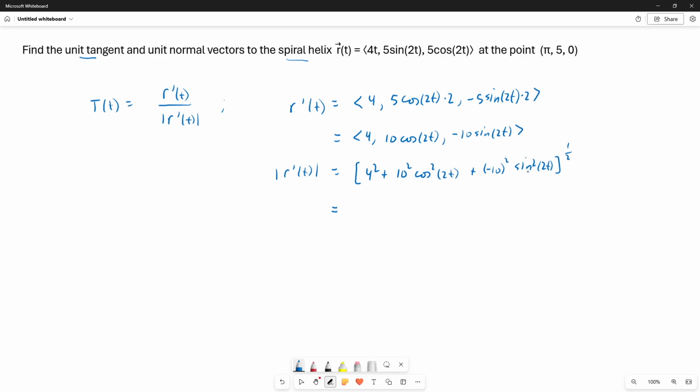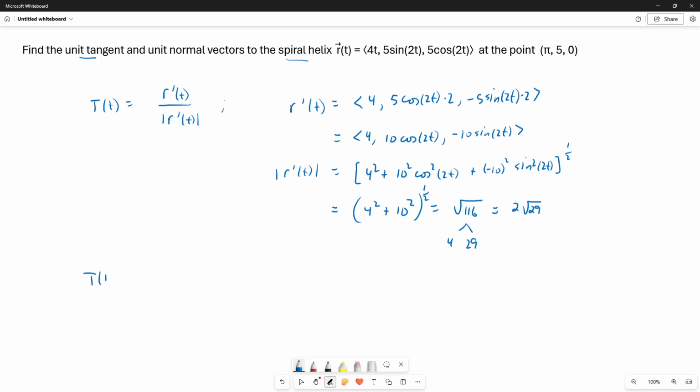And since sine squared 2t plus cosine squared 2t is 1, this is 4 squared plus 10 squared to the 1/2. So this is the square root of 116, and 116 is 4 times 29, and the square root of 4 is 2. So this is the same as 2 times the square root of 29.